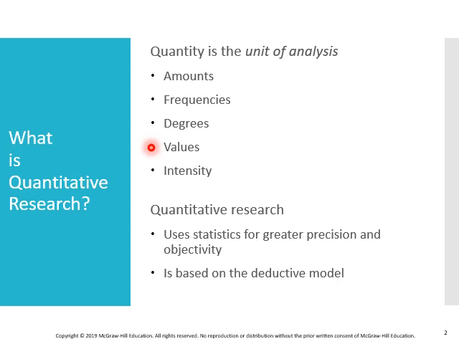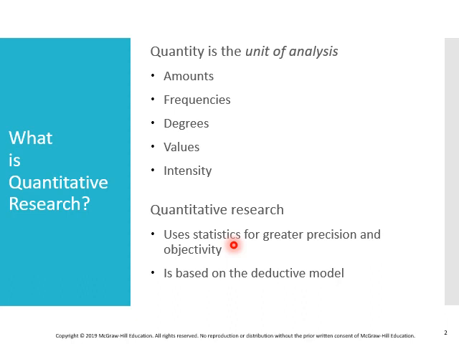We're able to measure them based on the units that we are collecting and analyzing between the measurements or the data that we collect. Quantitative research applies statistical analysis, so we use statistics for the purpose of getting greater precision.